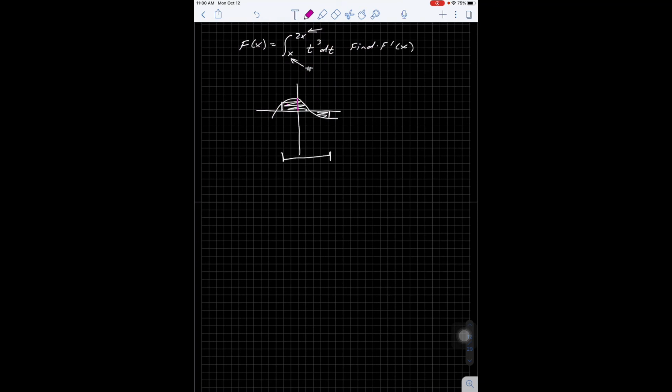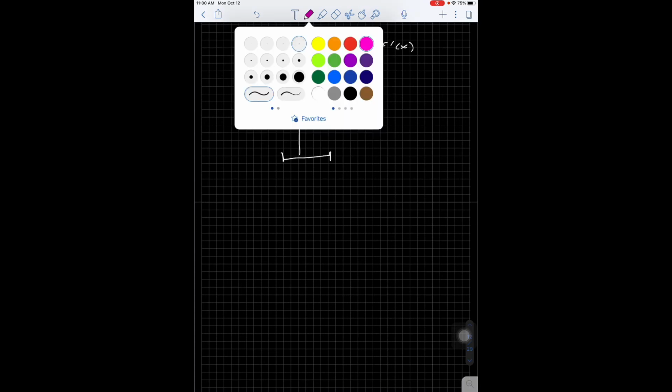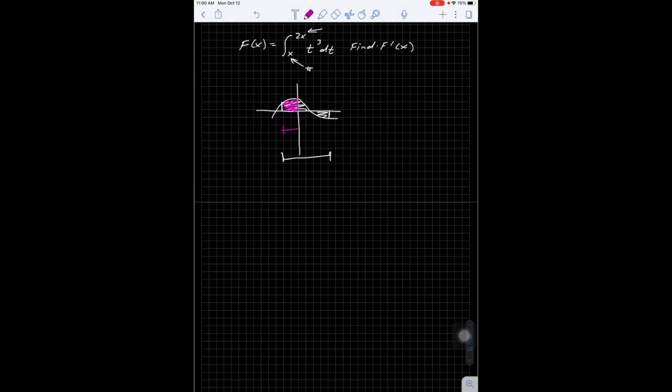You could break it up here, let's say at 0, and find the area of that piece right there, and then you can add that to the area of the rest. And if you add those up, that equals the same area as the whole distance. That's the idea that we're going to use here.